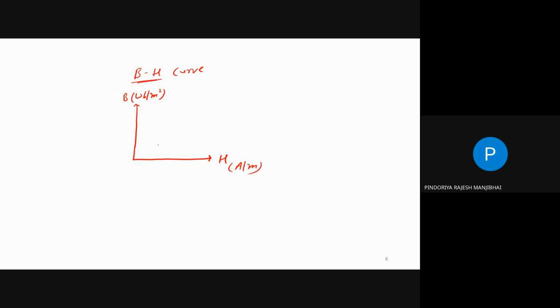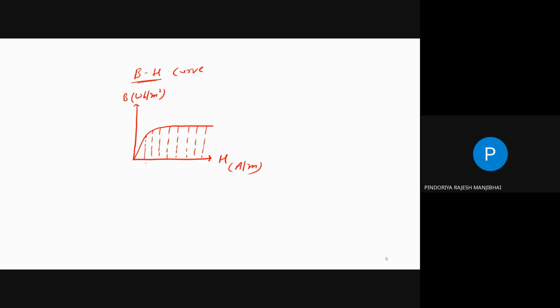The non-linear curve for BH is like this, increasing, and then this is constant. So in this area there is a non-linear graph of the BH curve, correct?